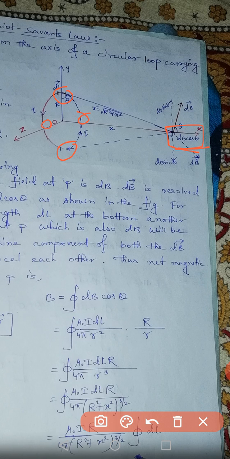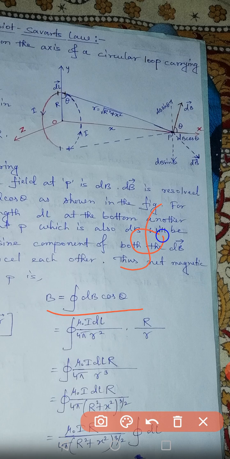So dl length at point P is actually producing dB cos theta magnetic field. So the whole ring will produce how much magnetic field? Integration of dB cos theta. So that is why the total magnetic field produced at point P is this value.